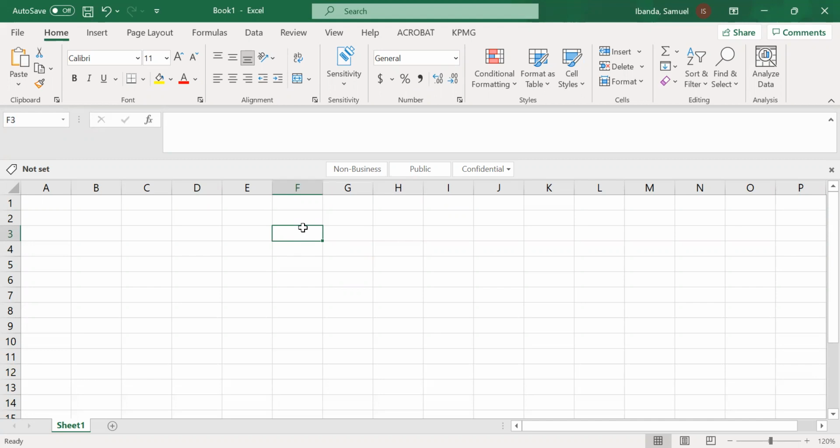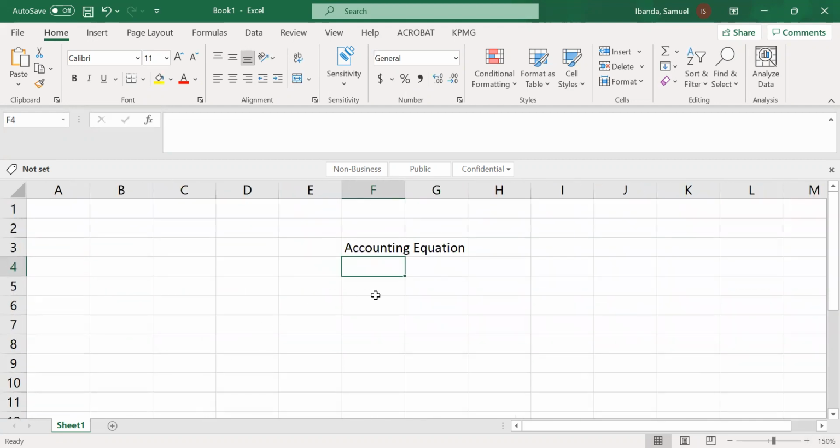Today we want to expound on the accounting equation, as a question that came through from one of you. Like I said earlier on, the accounting equation is a build-up on our previous topics on double entry.